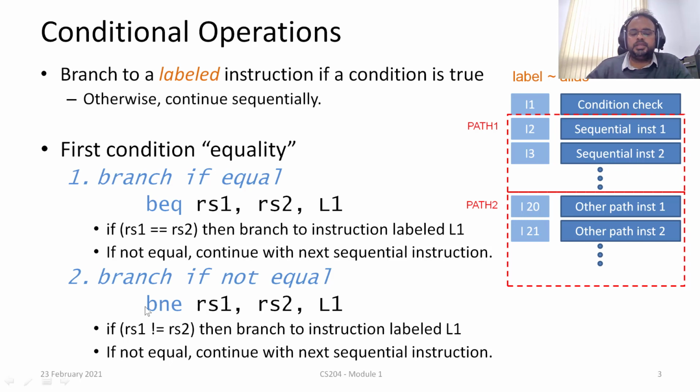In short, it's BNE. Again, it has two register operands, and following that we have a label. So similar to BEQ, here the value in RS1 is compared with RS2. If they are not equal, then PC will be equal to the address of the instruction with label L1. Otherwise, PC will be equal to the address of the instruction which is just following this branch, the next sequential instruction, we call it.